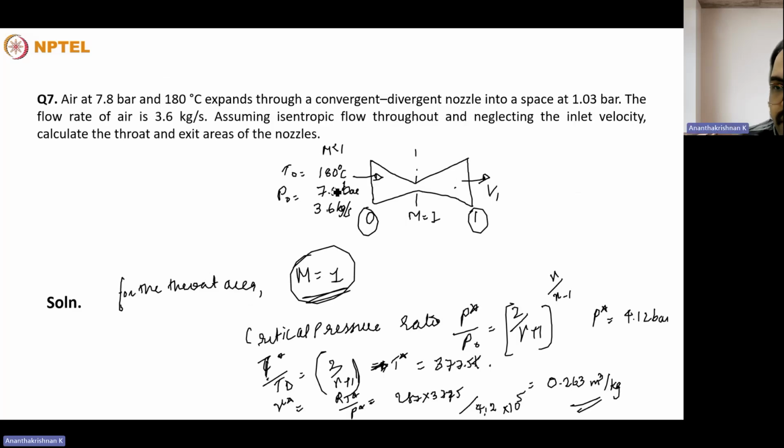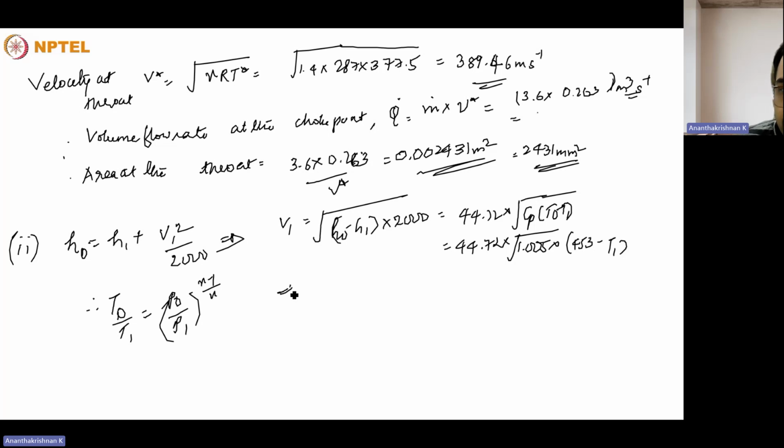We know P1, this pressure is equal to 1.03 bar. It's an isentropic process, so basically using the adiabatic equation, from this one we'll get T1. P0 will be 7.8 bar, P1 will be 1.03 bar, and T0 will be 453 Kelvin. T1 will be equal to 253.9 Kelvin. That will be the exit temperature.